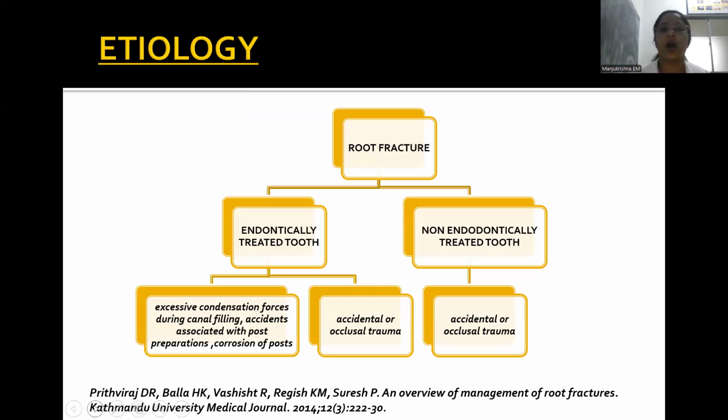A root fracture can happen in endodontically treated and non-endodontically treated teeth. In endodontically treated teeth, it happens due to excessive condensation forces during root canal filling, accidents associated with post preparation, corrosion of the post, and accidental or occlusal trauma. In non-endodontically treated teeth, it can happen due to accidental or occlusal trauma.